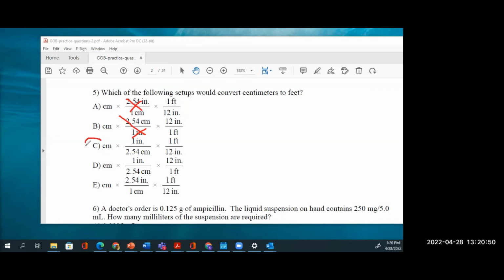I'll say it's C. C is the correct answer. You know that this one was wrong because we'd end up with inches squared over feet. And we know that this one is wrong because again, the inches conversion is wrong. So actually it is exactly the same as A.